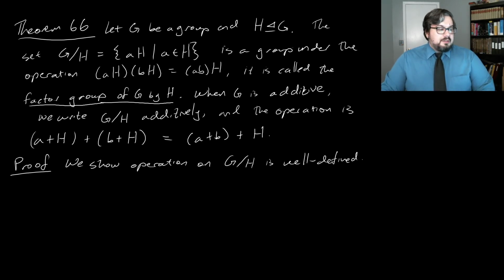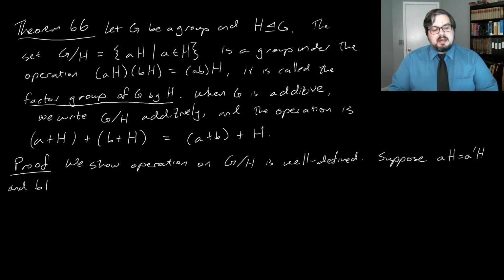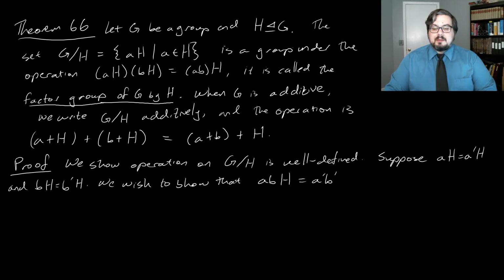The way that we do this is we suppose that AH equals A prime H and BH equals B prime H, and we wish to show that ABH equals A prime B prime H. Now let's look at what we've got here.